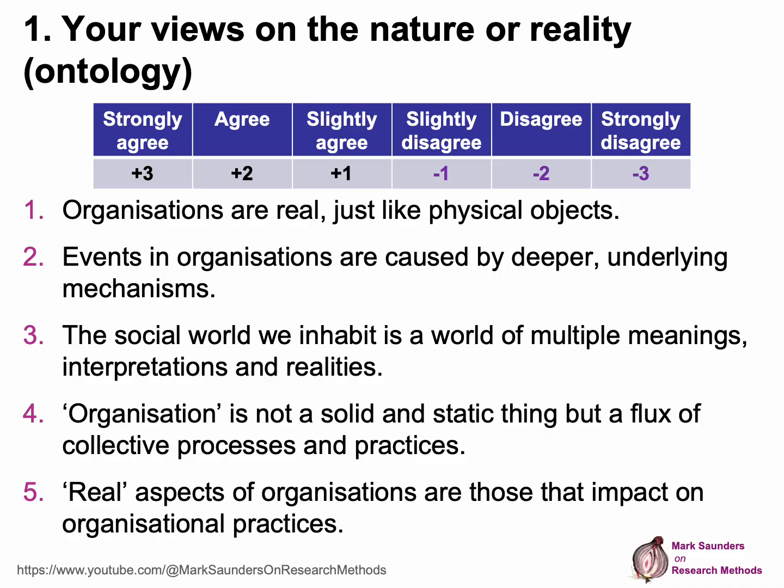So if you were to strongly agree with the statement, organisations are real, just like physical objects, you'd write +3 next to question 1. If, however, you slightly disagreed with the statement in question 2, you would write a -1 next to that. Now I'd like you to pause the video, note down your answers against each of those statements, and when you finish, start the video up again.